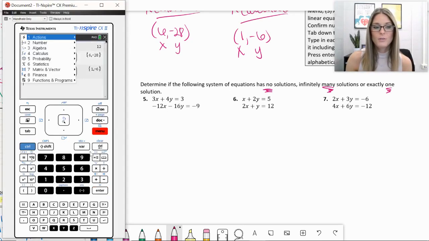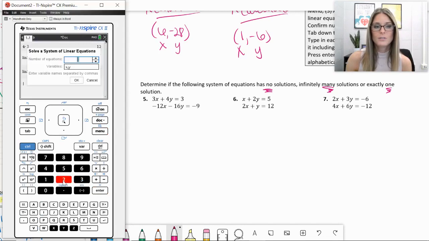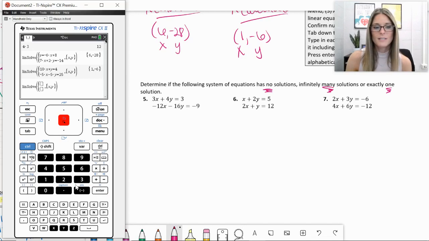Once again, I'm going to do menu, 3, 2, tab, okay. I've got my 2 boxes to type in. 3x plus 4y equals 3. Arrow down, negative 12x minus 16y equals negative 9. And enter.